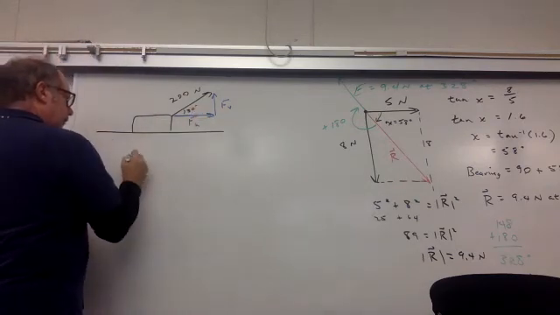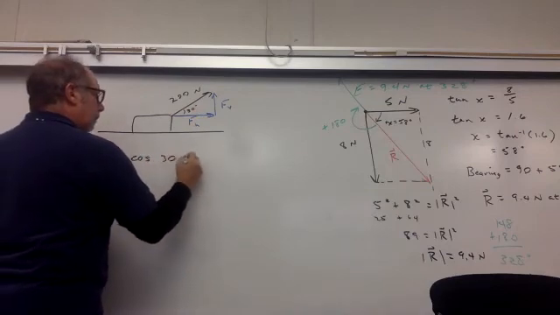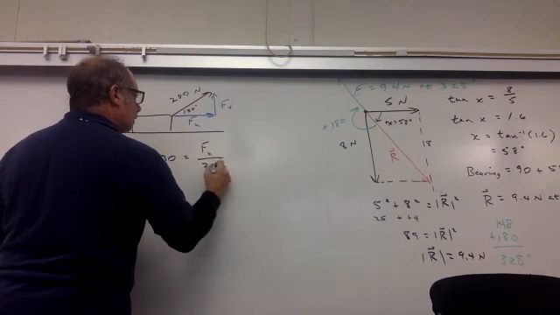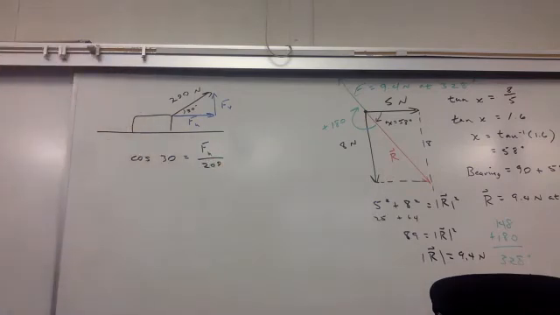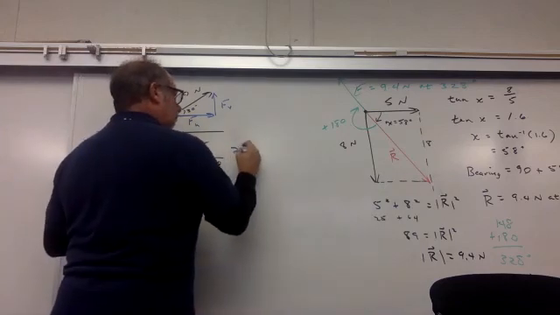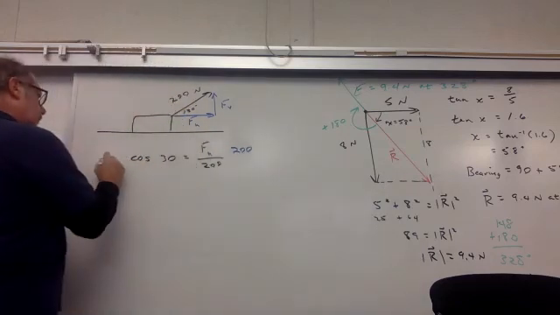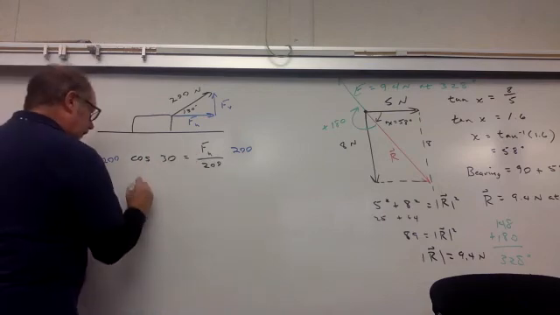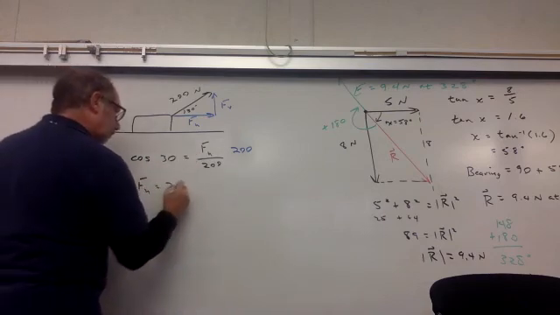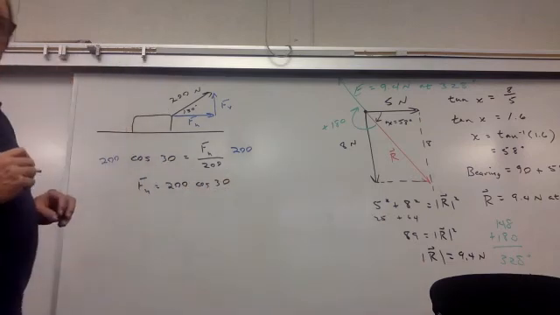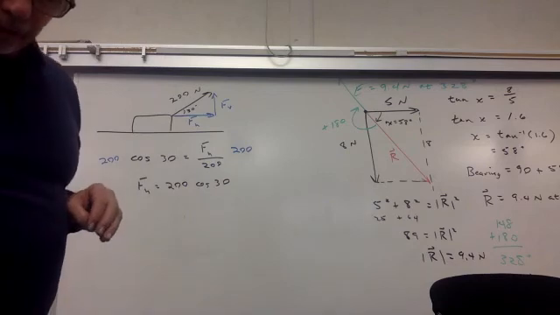Horizontal is cosine, so the cosine of 30 is equal to F sub h over 200. Multiply both sides by 200. And when I do that on my calculator, it does not say 100.